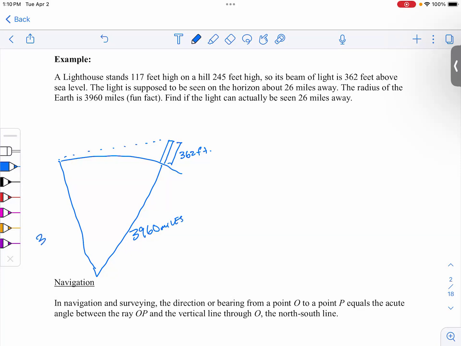And this guy is 3960 miles. This then creates an angle, all right, because our whole goal is to measure that guy. And I could call that X or whatever. And basically then I can set up a triangle.